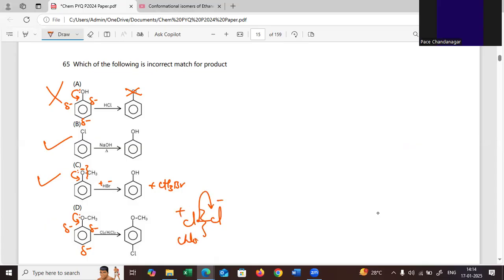This is chloronium ion. Chloronium ion attacks these positions, so you would be getting OCH3 with Cl here, or with the Cl here, right? Or with Cl at the ortho, meta, para positions. Ortho position and para position, not meta.